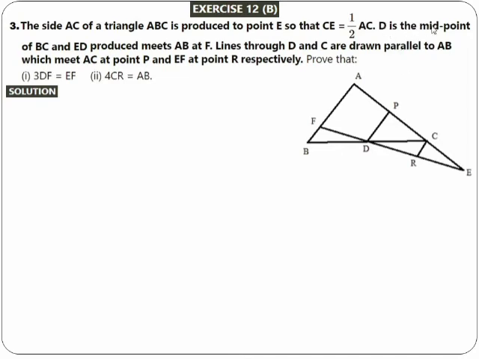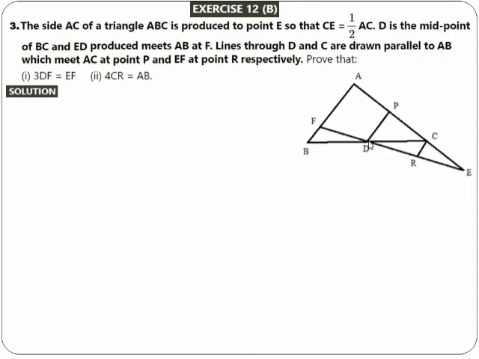Now D is the midpoint of BC, and ED, see here carefully, when you produce ED it meets AB at point F. Now lines through D and C are drawn parallel to AB.